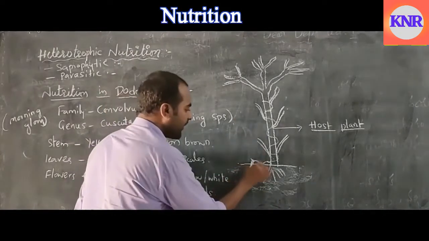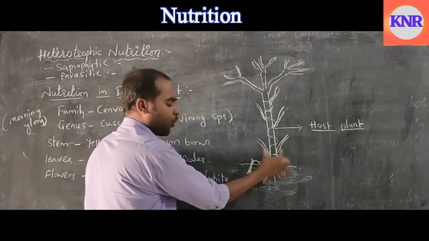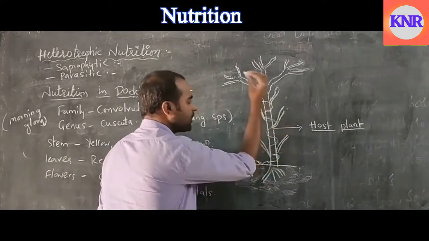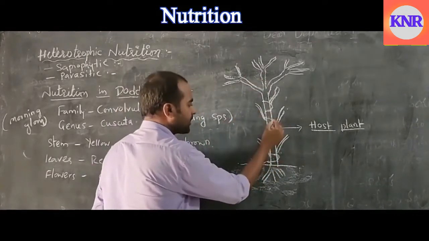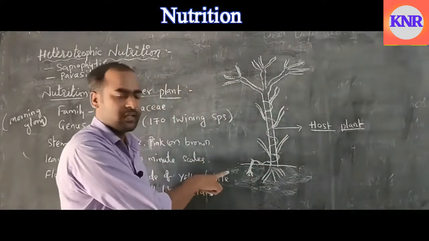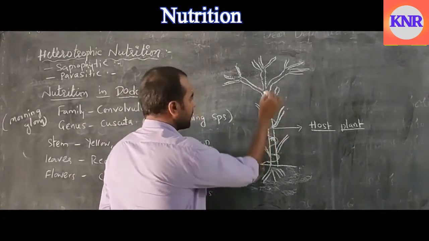So when it finds a host plant, it twines around the host plant. When it settles on the host plant, what happens? Then it needs food, right? It cannot prepare its own food, but it needs food. Then it injects its roots.